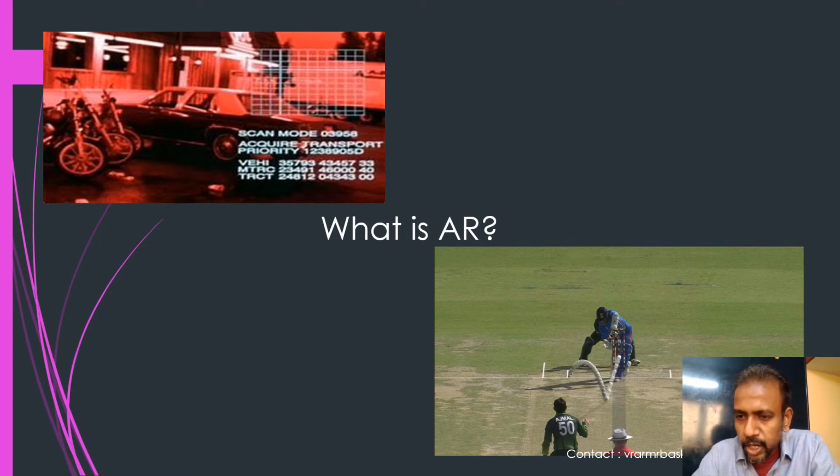That overlaying of images on the real-world environment is an example of AR. So augmented reality is basically augmenting the real world with graphical elements and information so that you get a good amount of information in the real-world environment.